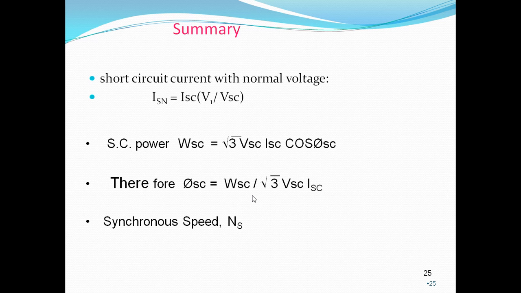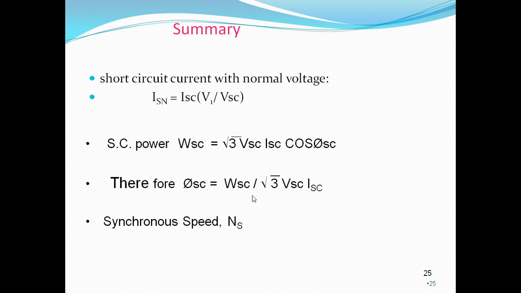Before drawing the circle diagram, we have to conduct the no load test and blocked rotor test. After getting the values from these tests, we have to check whether the short circuit test is at rated voltage or not.